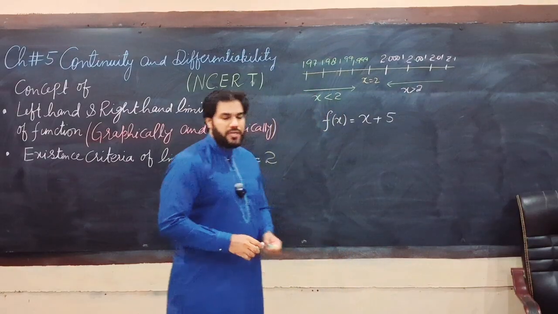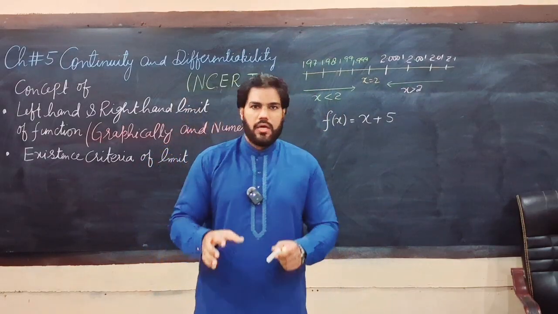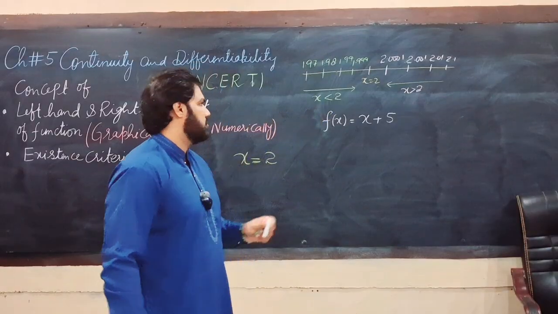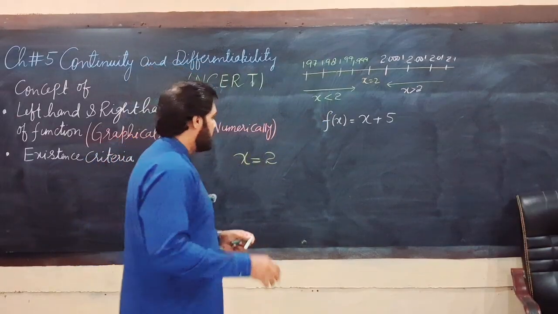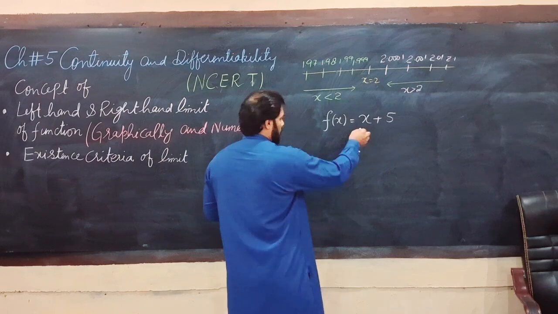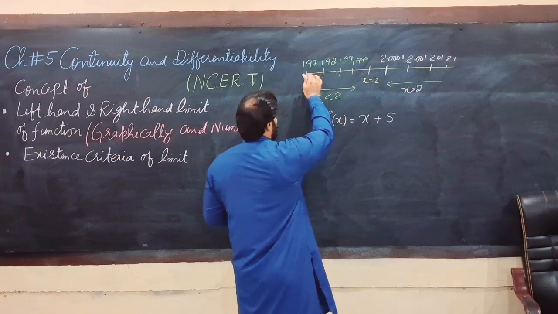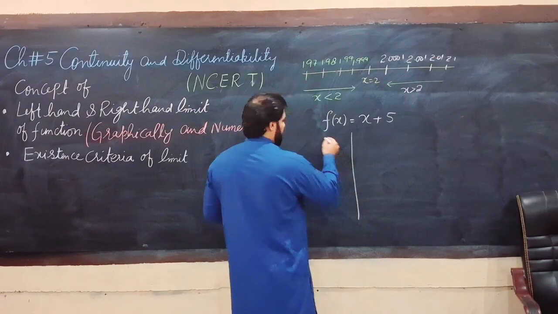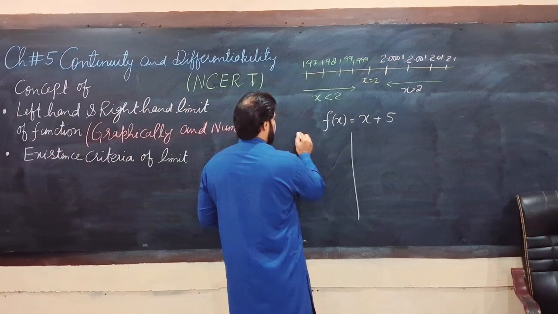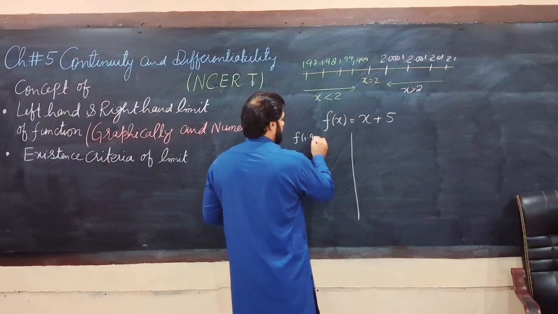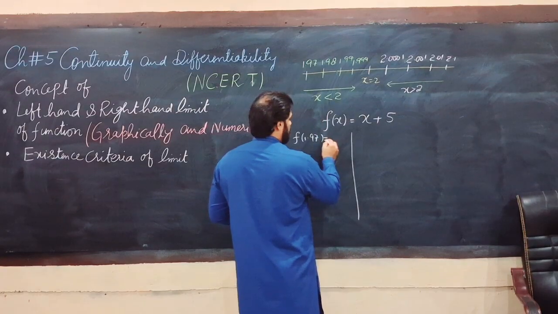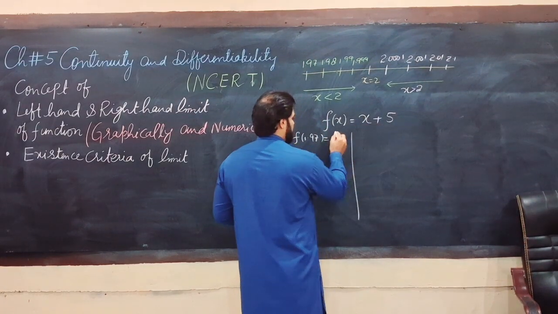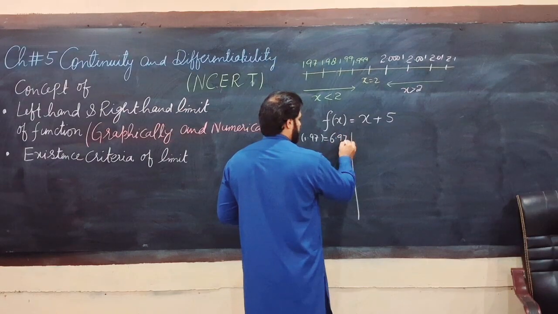Now if you determine the values of the function for all those values of x which are on the left side of x is equal to 2: at x is equal to 1.97, the function has the value 1.97 plus 5, which is 6.97.